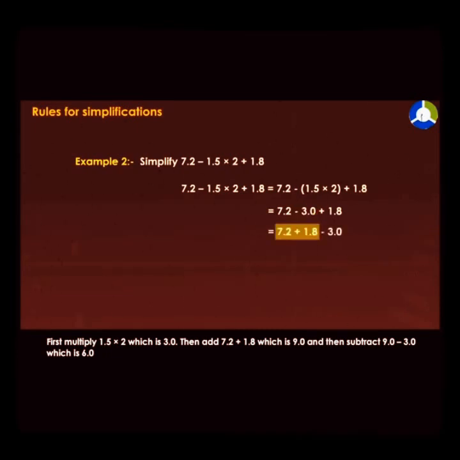Then add 7.2 plus 1.8, which is 9. And then subtract 9.0 minus 3.0, which is 6.0. Therefore, 7.2 minus 1.5 multiplied by 2 plus 1.8 equals 6.0.